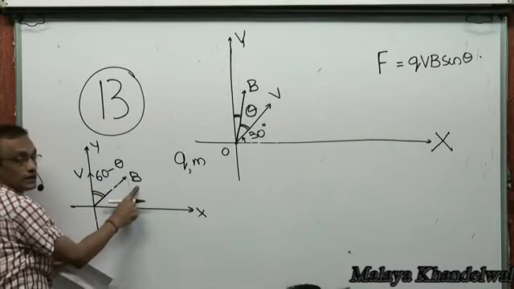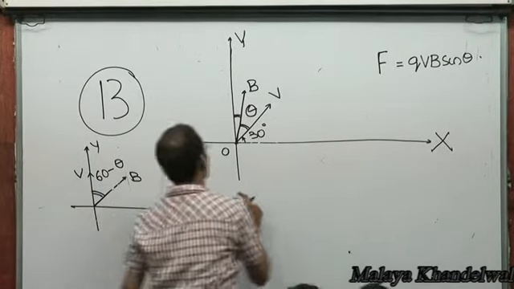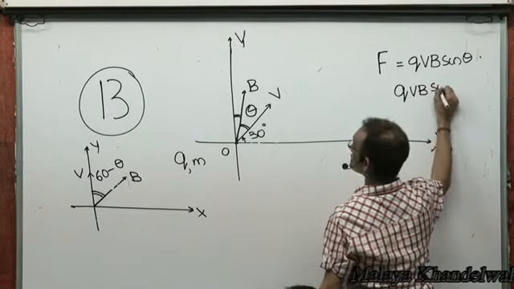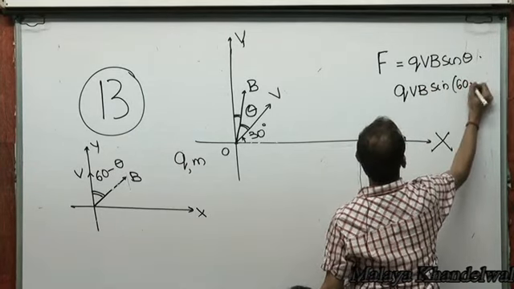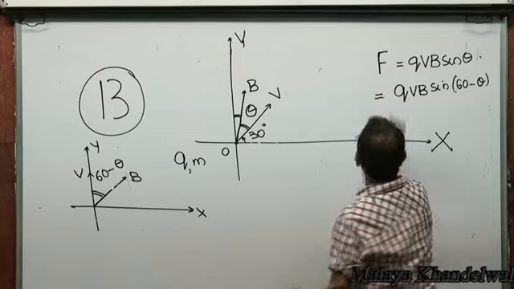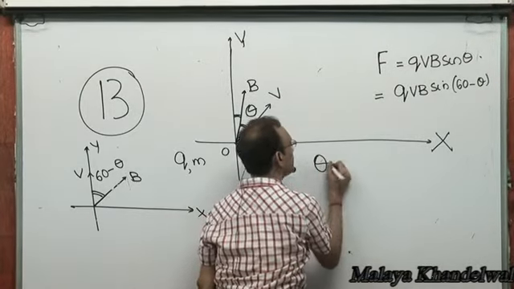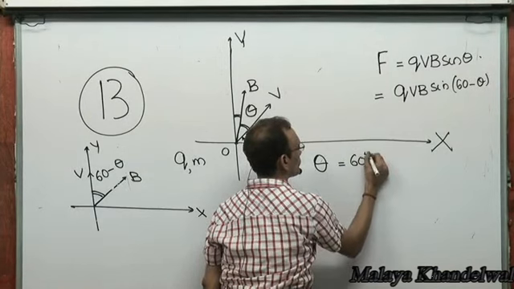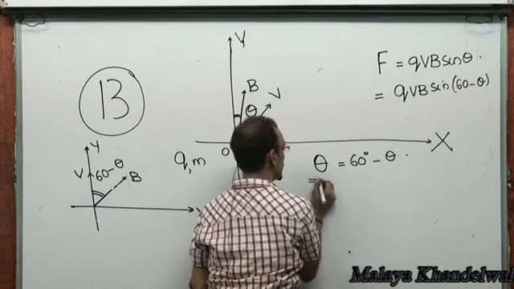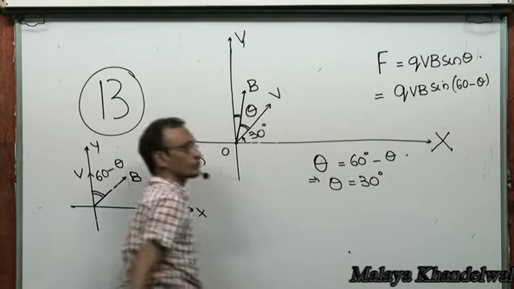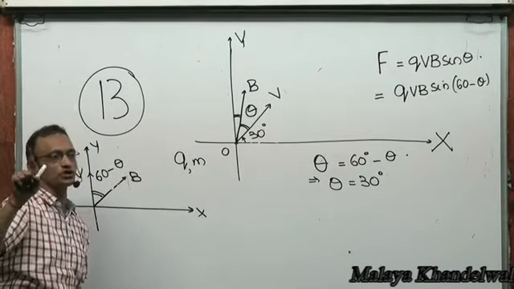So what's going to be the magnitude of the force? It's qVB sin(60 minus theta), and it's given that these two forces are equal. So theta must be 60 minus theta. Theta must be 30 degrees. Such is the disposition of B.